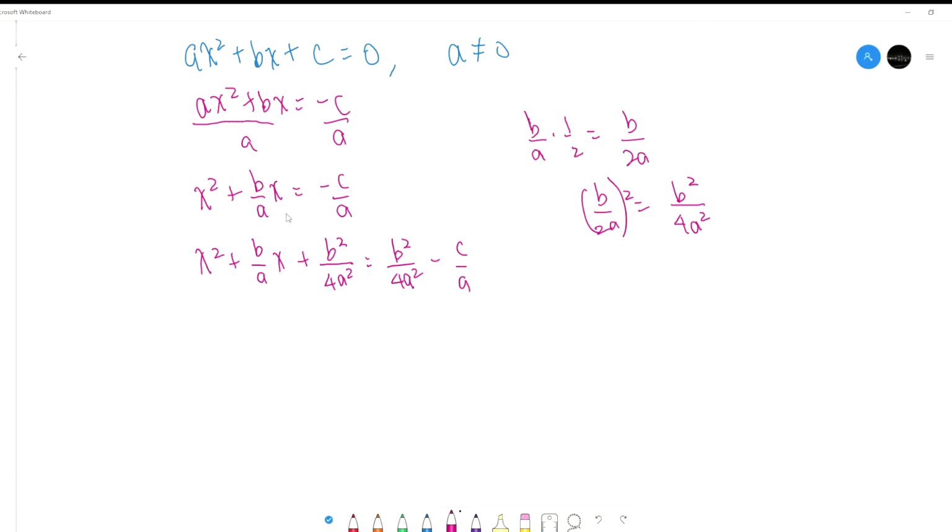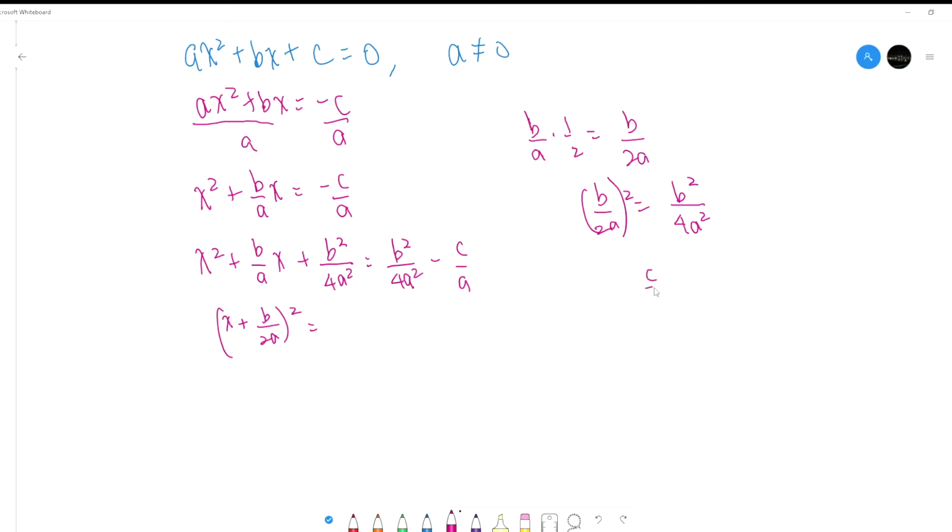And when we factor the left-hand side, don't forget b over 2a is the factor. So this becomes x plus b over 2a quantity squared is equal to b squared over 4a squared minus c over a. I'm going to combine this as one fraction. So what's the LCD of 4a squared and a?